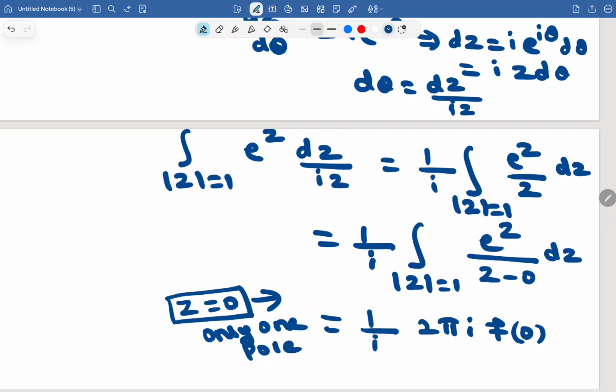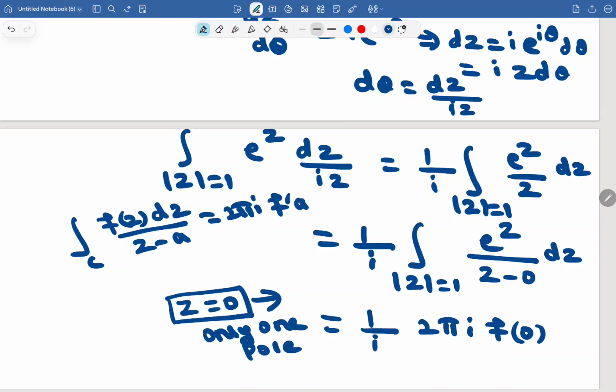By Cauchy integral formula, we know very well the integral of f of z dz by (z minus a) is 2 pi i f of a.